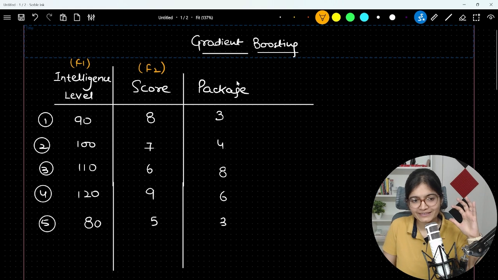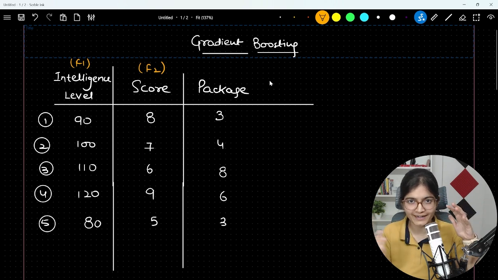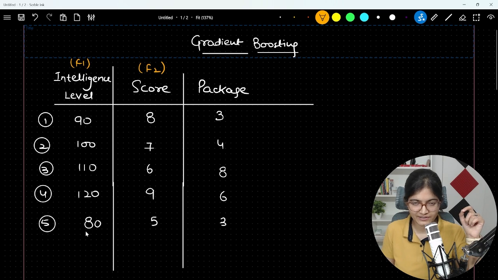You can consider these five records as employees, for whom we have two important features. One is the intelligence level of that employee, and the other is the score, like how they are working in the company, what their rating is, and so on. Let's say out of 10, they have a score of 8, 7, 6, 9, and 5, and this is their intelligence level.